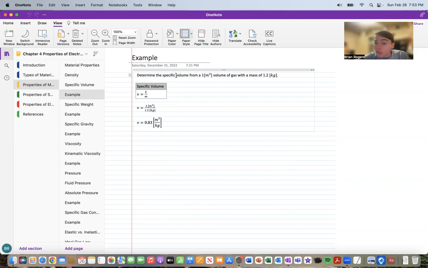So determine the specific volume of a 1 meter cubed volume of gas with a mass of 1.2 kilograms. So for specific volume, remember, you take the volume and you divide it by the mass, and that's how we got our result here. And so let the units do their magic. Volume is in meters cubed divided by mass, which is measured in kilograms in the metric system. And so you get meters cubed per kilogram.